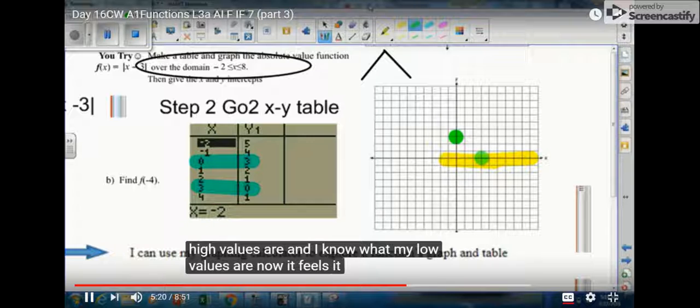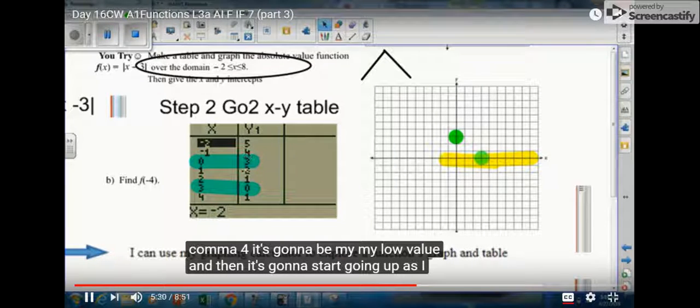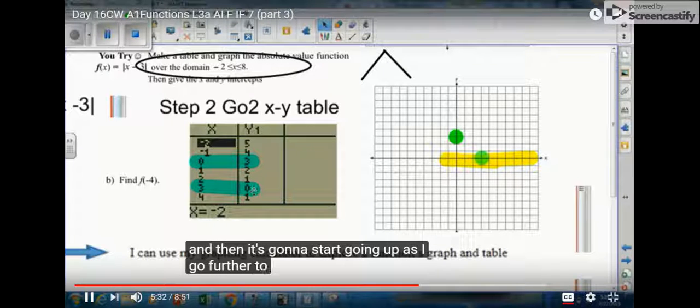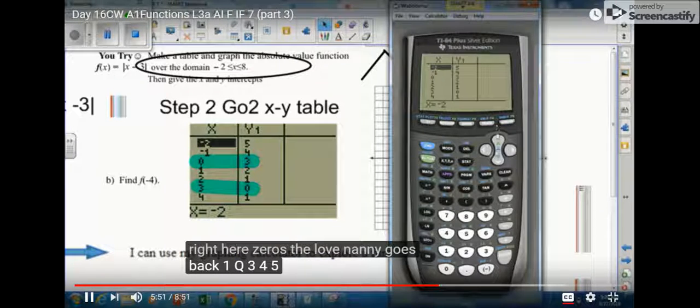It feels like 3, 4 is going to be my low value, and then it's going to start going up as I go further to the right. So let me pull up a couple more values to see if my theory is correct. As I go up, yeah, I see my Y values are increasing right here. 0 is the low, and then it goes back 1, 2, 3, 4, 5. I think there's the pattern right there.